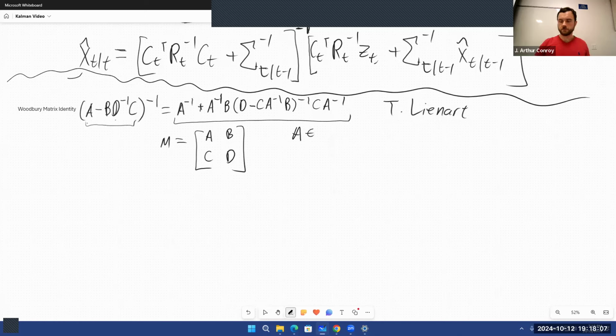A is going to be n by n, B, C are going to be non-square, D is going to be m by m, right? I shouldn't use capital M, I'm going to use it for the matrices. Call these n and m, little lowercase, just in case you're referencing this at some later date.